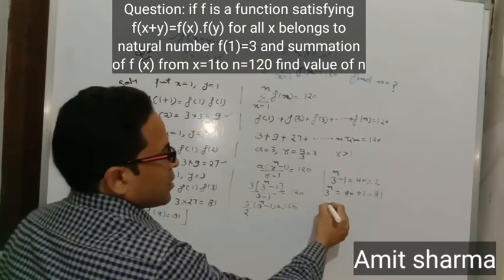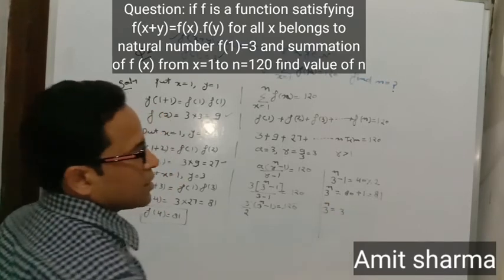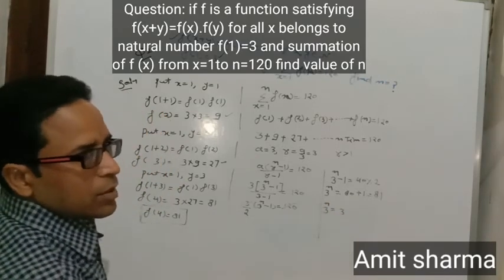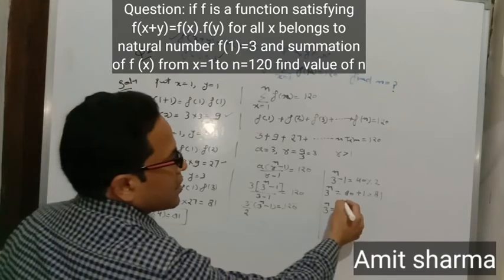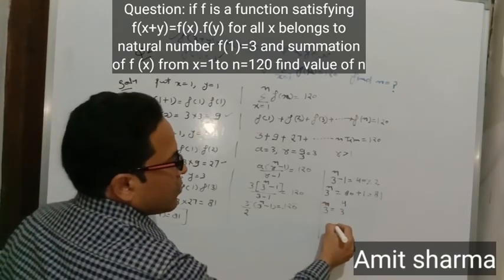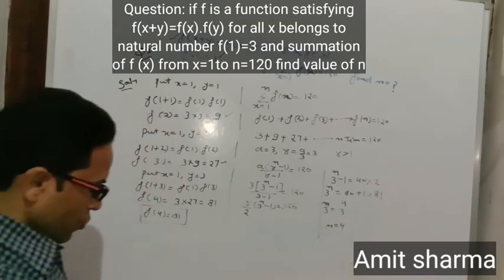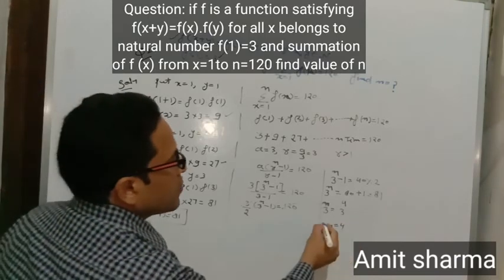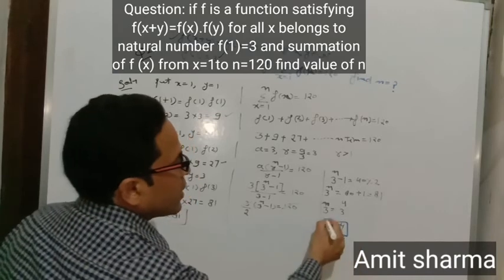Now 81 is a power of 3: 3 threes are 9, 9 threes are 27, 27 threes are 81, that is 3 raised to power 4. On equating, you get the value of n is 4.